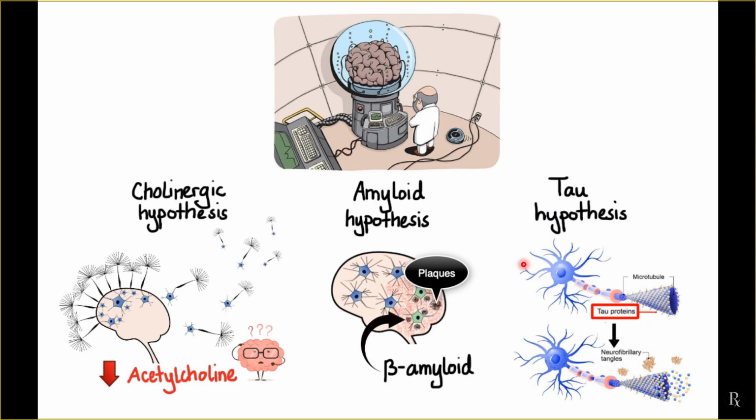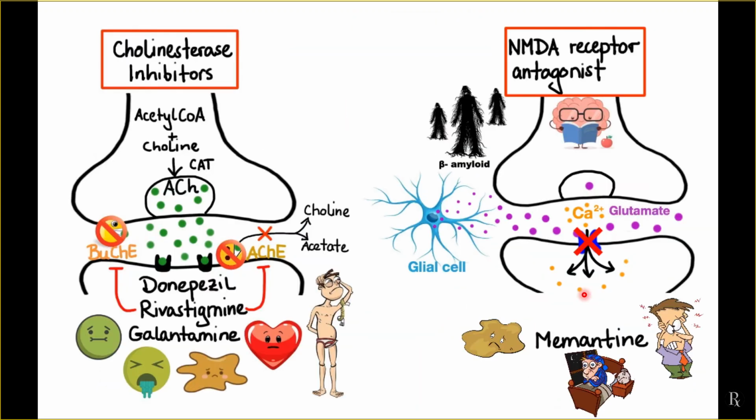And the last is the tau hypothesis that leads to the damage of the tau proteins and decrease in the speed of the neuron excitation, developed because of the tangles in the neurofibers. And for each of the hypotheses there are some drugs for the treatment.